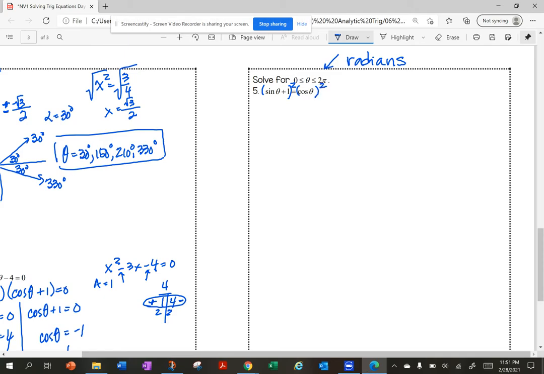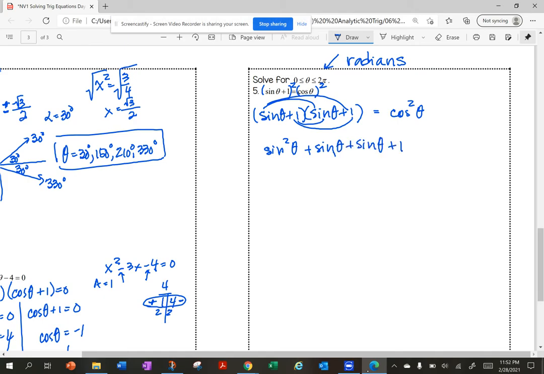Whatever I do to one side, if I do it to the other side, I keep it equal. So this is sine of theta plus 1 times sine of theta plus 1 equals cosine squared theta. When I double distribute, I get sine squared of theta plus sine of theta plus sine of theta plus 1 equals cosine squared theta.